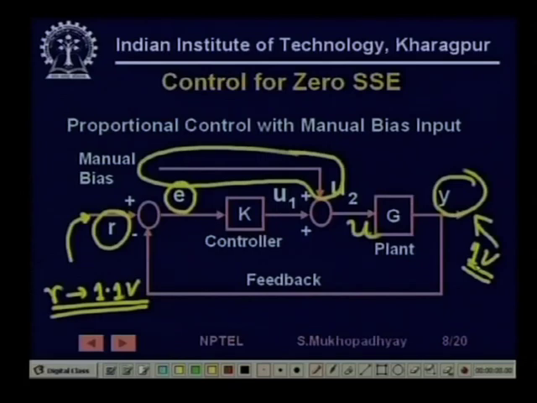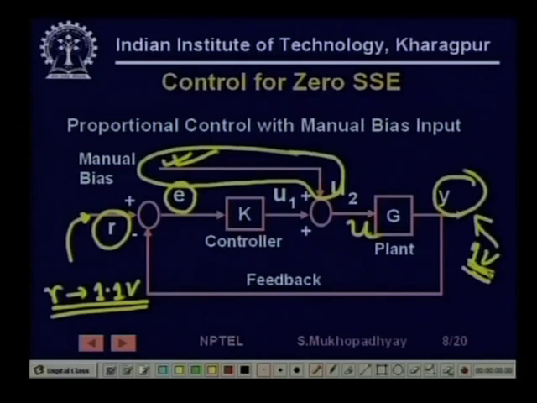Or, apart from what the controller is doing, you can give what is known as a manual bias, that is, you apply some additional input directly to the plant. You do one of these two things, and in that case you can maintain whatever output you want. But what is the problem?